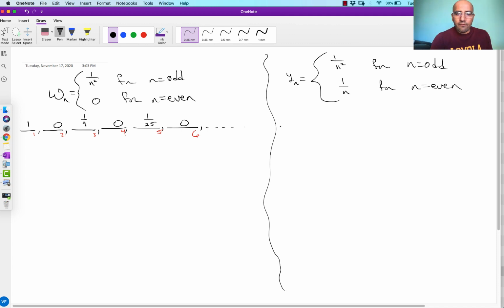Again, let's write down the first few values of this sequence. So 1, 2, 3.